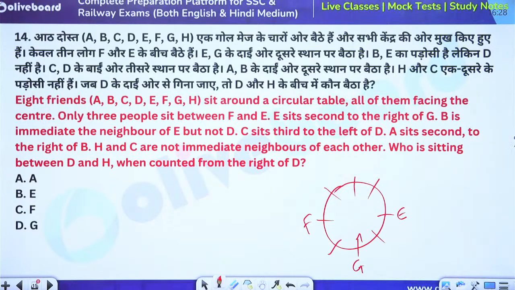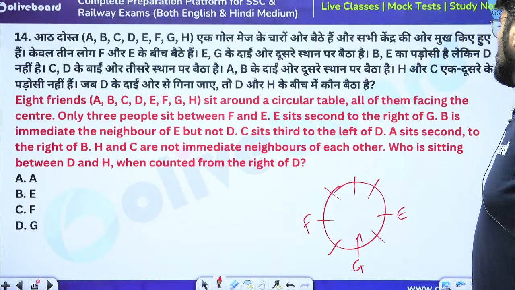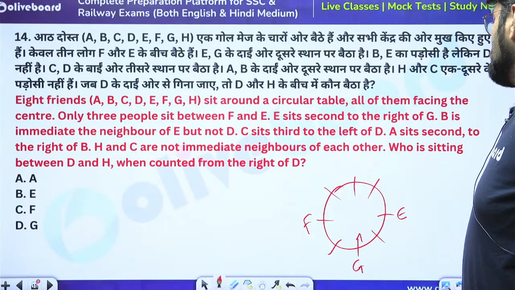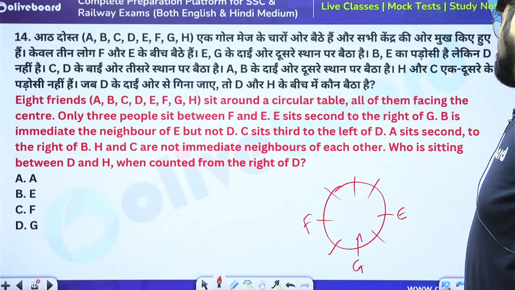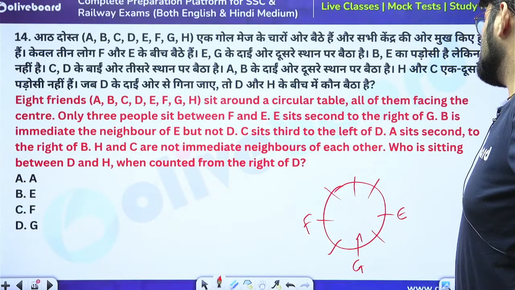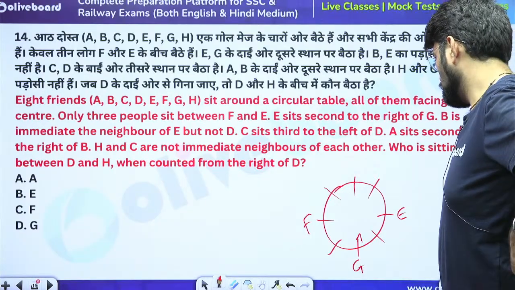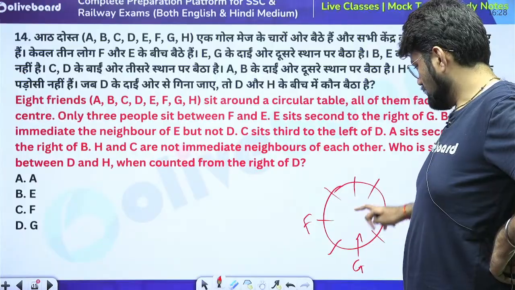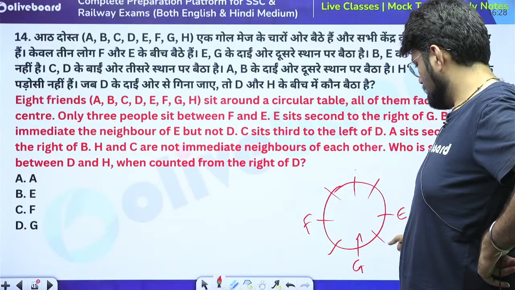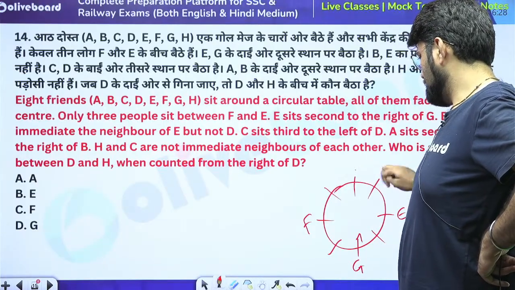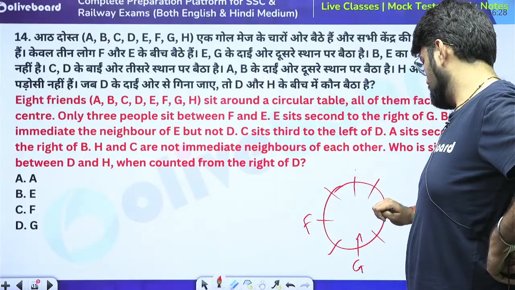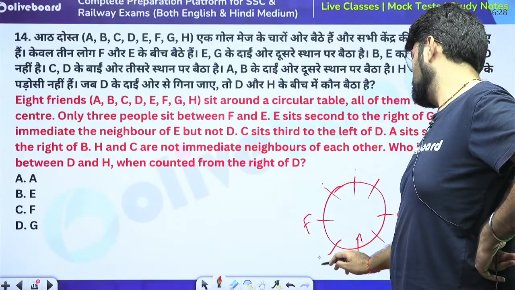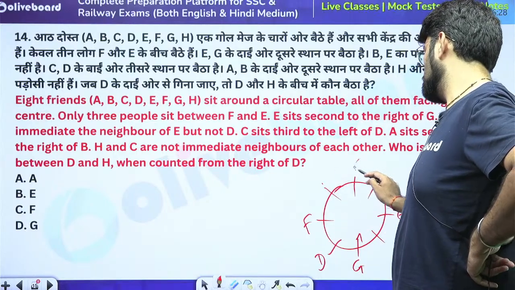Okay, now we'll have to read again. Something we are missing. B is an immediate neighbor of E but not D. C sits third to the left of D. So if D was here, 1, 2, 3, not possible. If D was here, 1, 2, 3, this is possible, but then B cannot sit here. So D had to be here for 1, 2, 3, C to be sitting here.